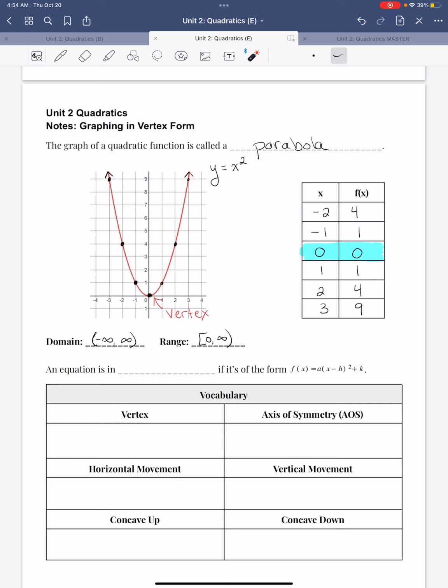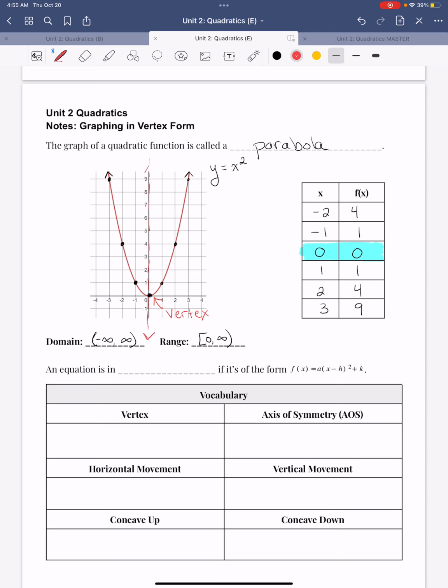If you relate that to physics, and you throw a baseball up in the air, it's that point where the baseball reaches the top and then starts to come back down, right? So that's our vertex. Then we have what we call our axis of symmetry. And our axis of symmetry goes right through our vertex, and we're going to use a dashed line to represent it.